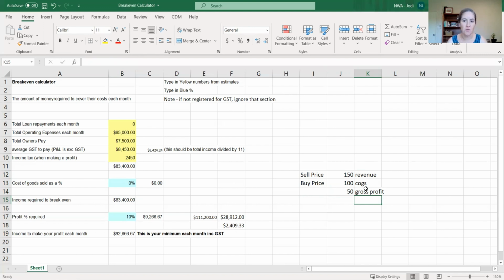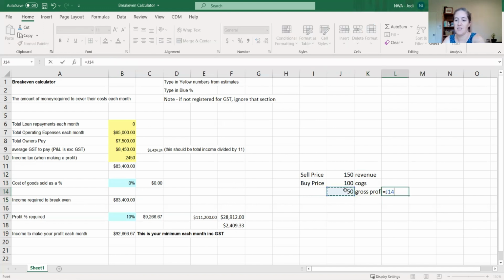So you sold it for 150, but it cost you 100, so you've made 50. So that 50 divided by 150, so your gross profit percentage is 33%.